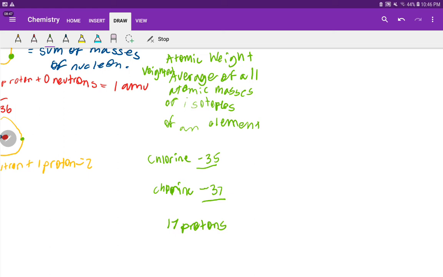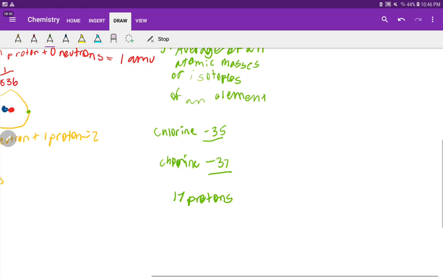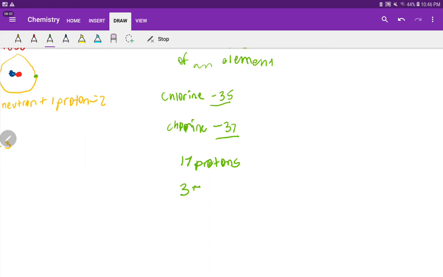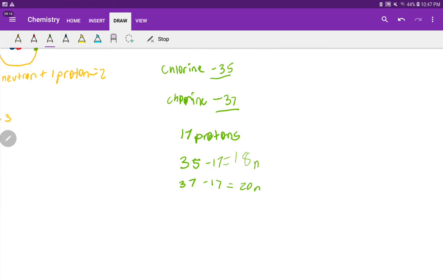So to find the number of neutrons, you just subtract. So for the first isotope, we get 35 minus 17 equals 18 neutrons. And the second one, we get 37 minus 17, which is equal to 20 neutrons. And finally, we can calculate the charge and the number of electrons. Assuming that there's a neutral charge, the number of electrons should be the same as the number of protons, so there would be 17 electrons in both.